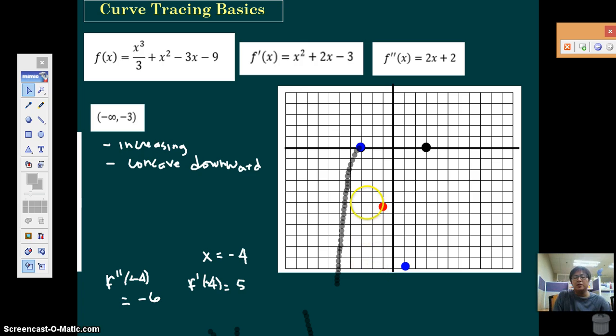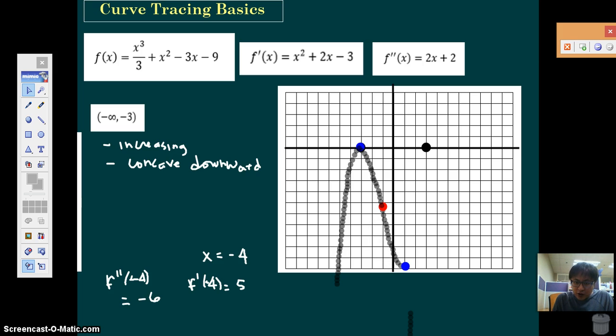Then going from this point, knowing that the blue point is a maximum point, there's no way to go but down to the red point. And remember that the red point is a point of inflection, so we are still concave downward up to that point. And from this point going to the next point, which is the blue point, obviously we need to decrease. The function is decreasing in that interval, but this time we are now at the point of inflection, so the concavity must change. It should now be concave upward.